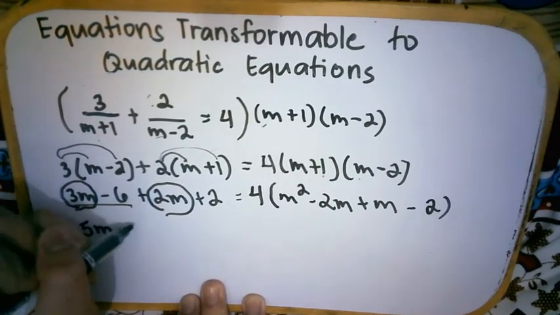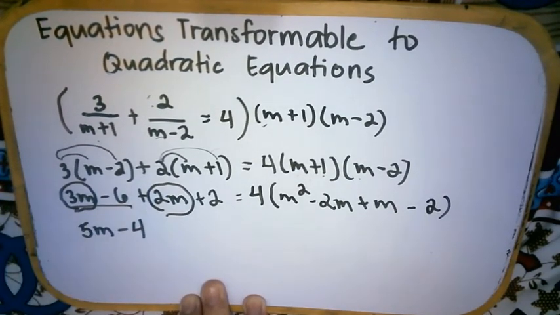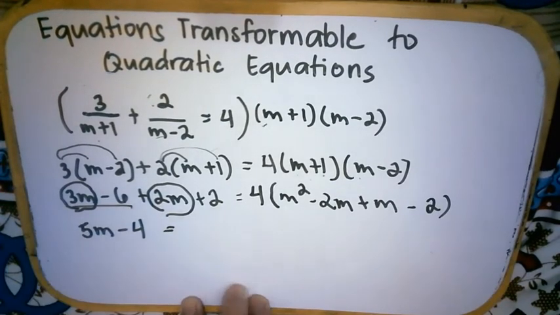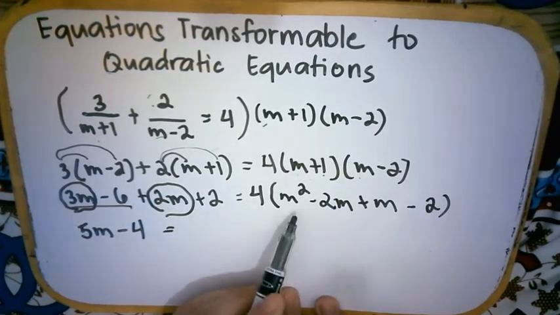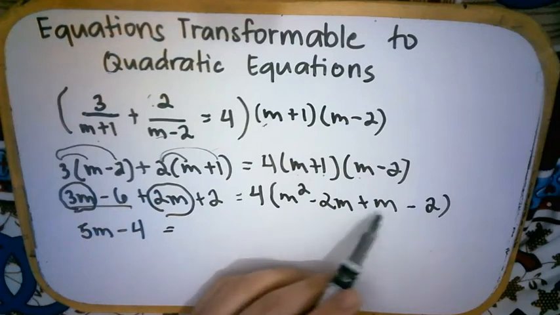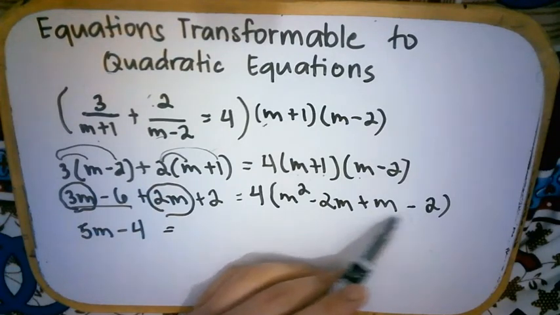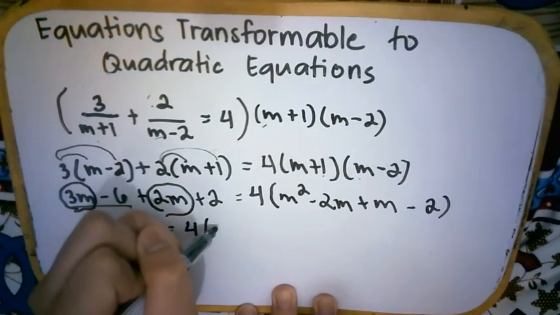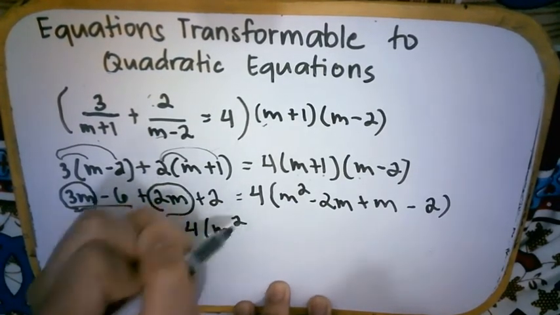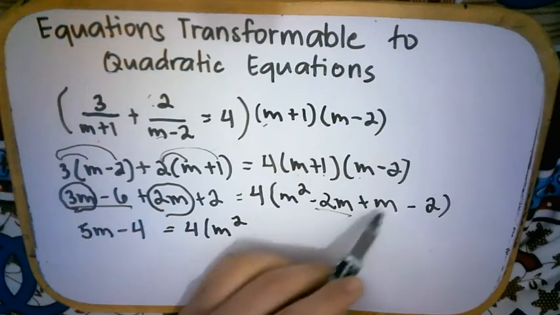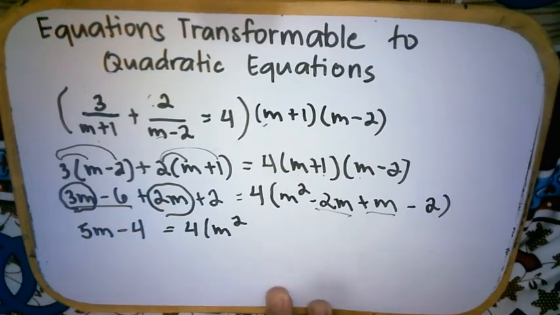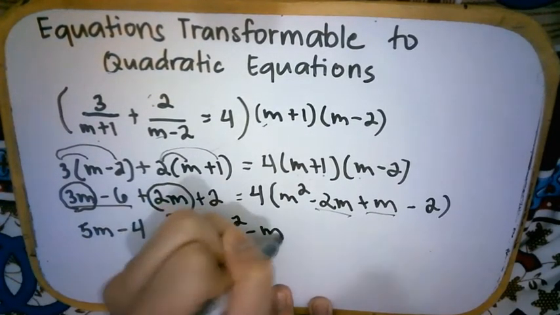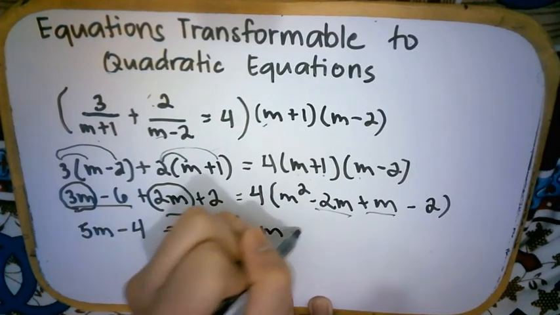We have minus 4. And then equal to, so since meron pa tayo ditong like terms, so i-combine muna natin. So copy muna yung 4 and then m squared. So negative 2m plus m. So it will become negative m minus 2.